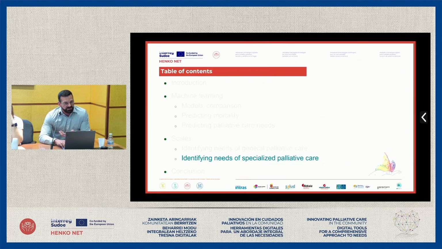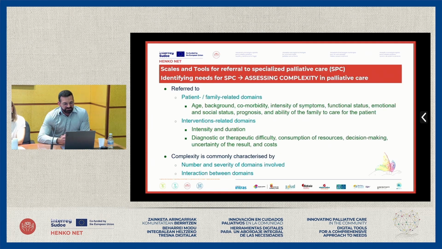And the other level is to identify among these patients who will be in need of specialized palliative care, to be referred to a specialist team. And there are a lot of scales developed on this topic, based on the complexity in palliative care. This is a large concept, with different concepts defining what is complicated in palliative care and in need of a specialized team.